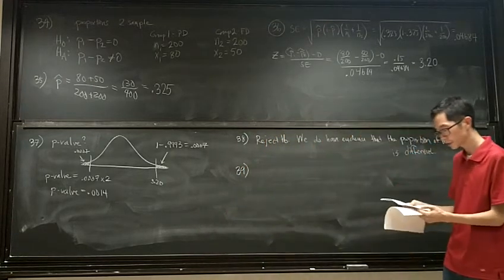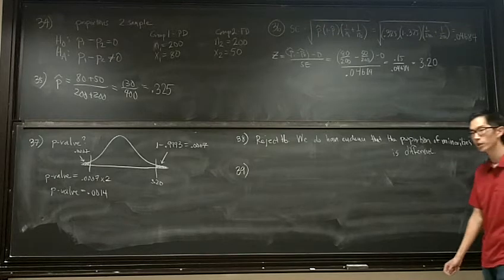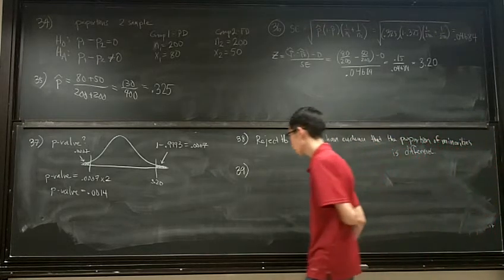Here it says, in the context of this problem, what does it mean to commit a type 1 error? Well, to commit a type 1 error is to reject the null hypothesis while the null hypothesis is true.